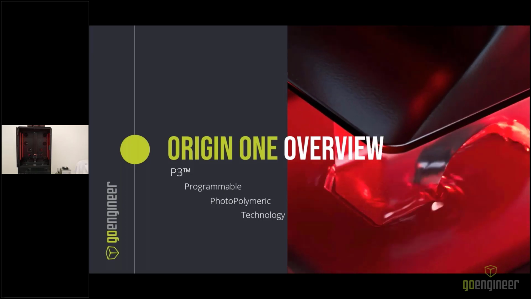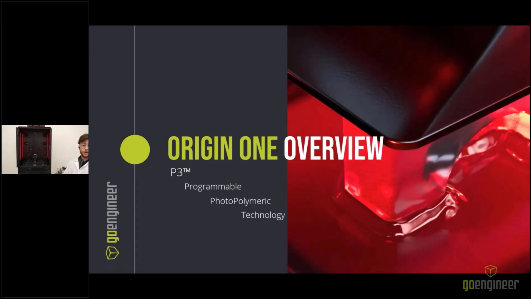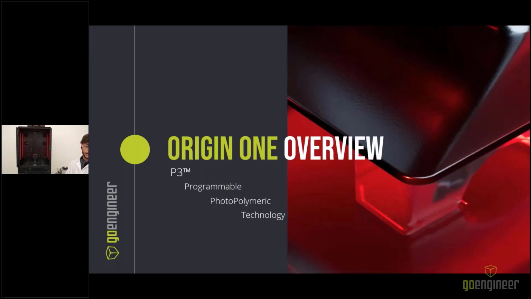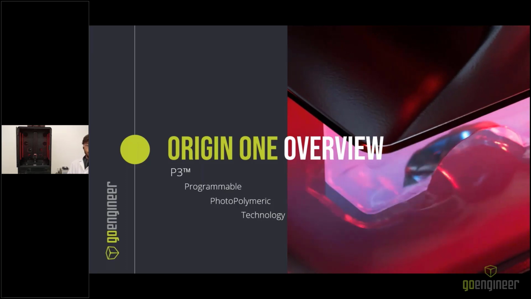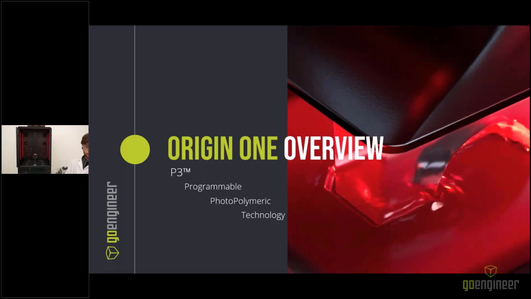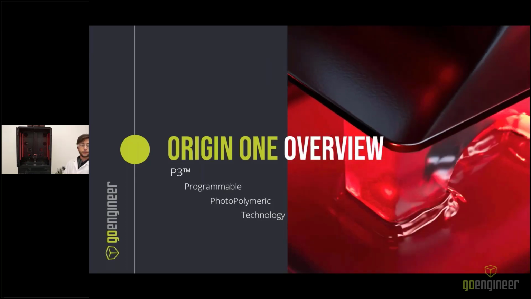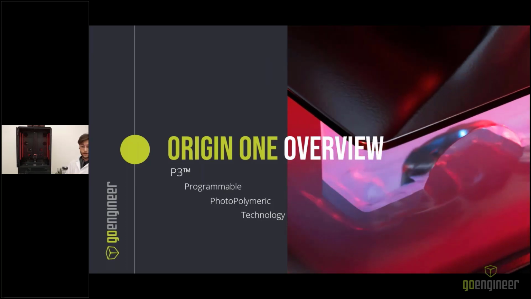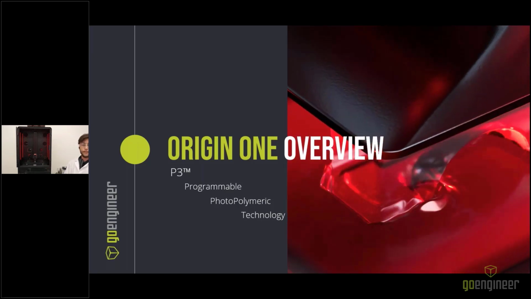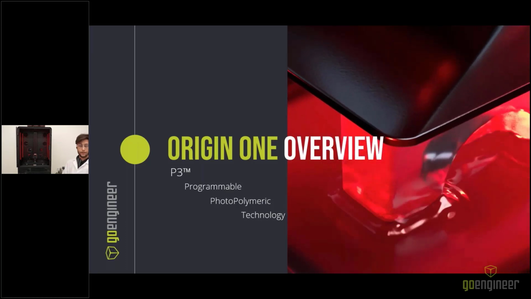The Origin 1 features a very unique printing process. This process is called P3, or Programmable Photopolymeric Technology. What this enables is very, very precise control over the exposure time down to the 1,000th of a second, and your speeds, your delays, the separation forces, and the temperatures within the printing environment.